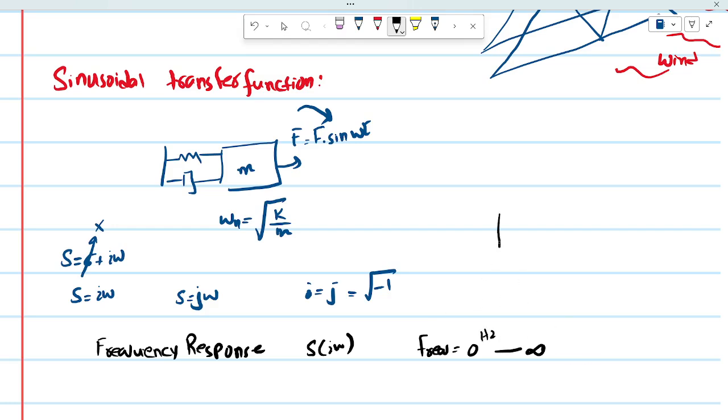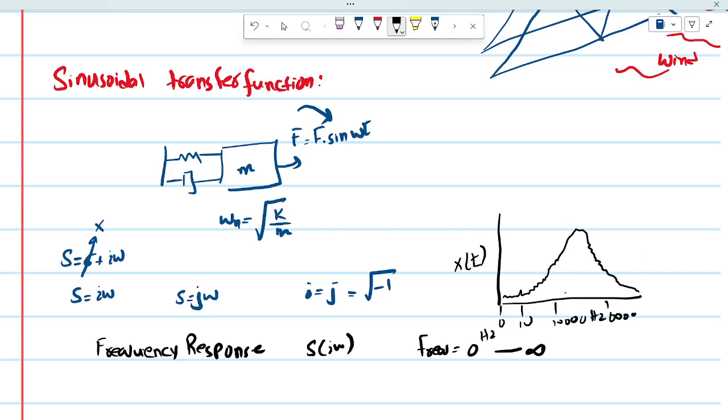Let's say we plot the output displacement of a system against frequency, where this is 0 hertz, this is 10, this is 10,000, this is 100,000, and so forth. We will get a plot, and we'll get to know that in a certain frequency range our system will vibrate more compared to other frequencies.